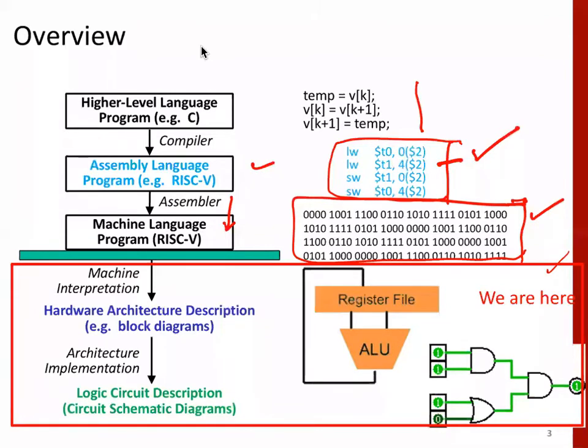So now we are going to do machine interpretation of these zeros and ones, and this is done over some architectural components like ALU, register file, control unit, etc. If you go further down, everything boils down to sequential circuits and combinational circuits, right? Basically, we have gates and registers, and of course memory.